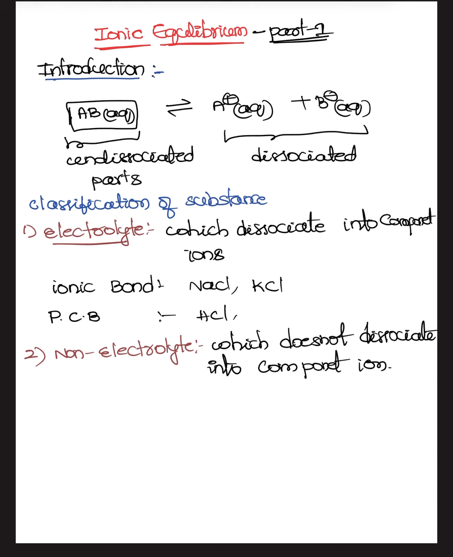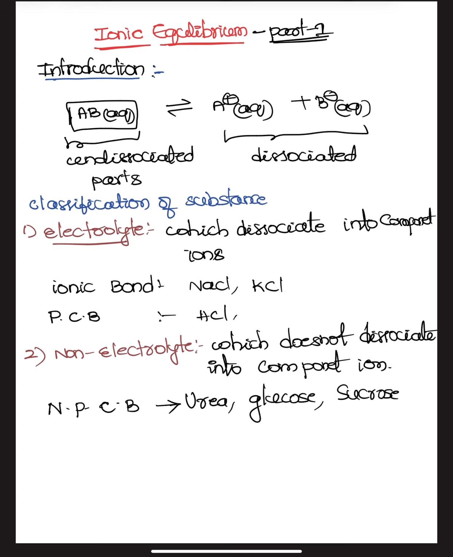Examples are non-polar covalent compounds, for example urea, glucose and sucrose. They will not release H plus ions. That's why they will not conduct electricity. They will not dissociate into ions, and that's why they are non-electrolytes.